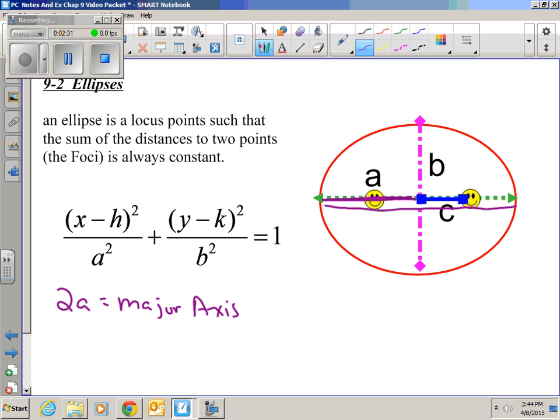We'll do this in blue. From the center point to the edge of my ellipse, the short way is called b. 2b, of course, is the minor axis.